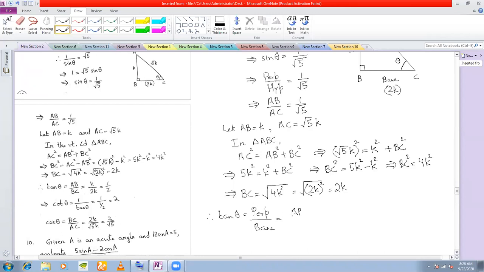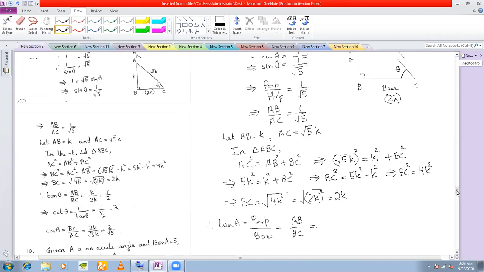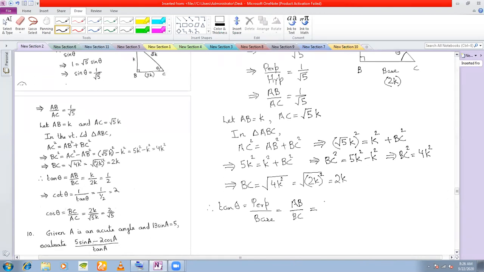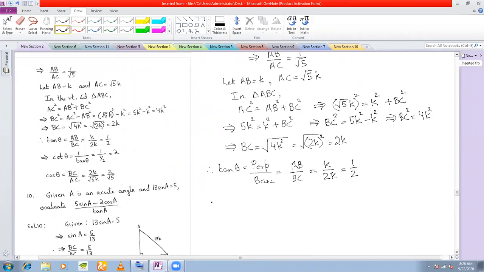So AB by BC, which is K by 2K, equal to half. So tan theta we have got. Therefore, what is cot theta? It is the reciprocal of tan.